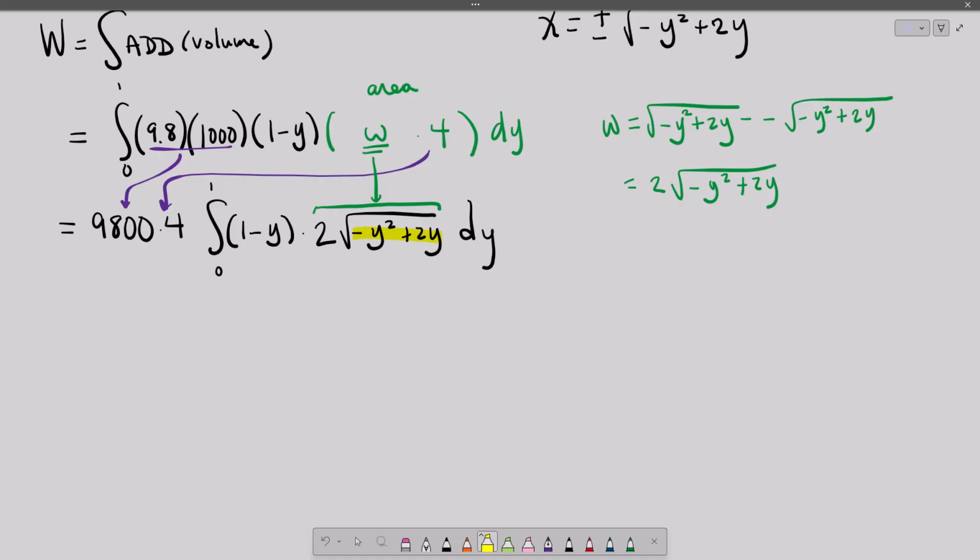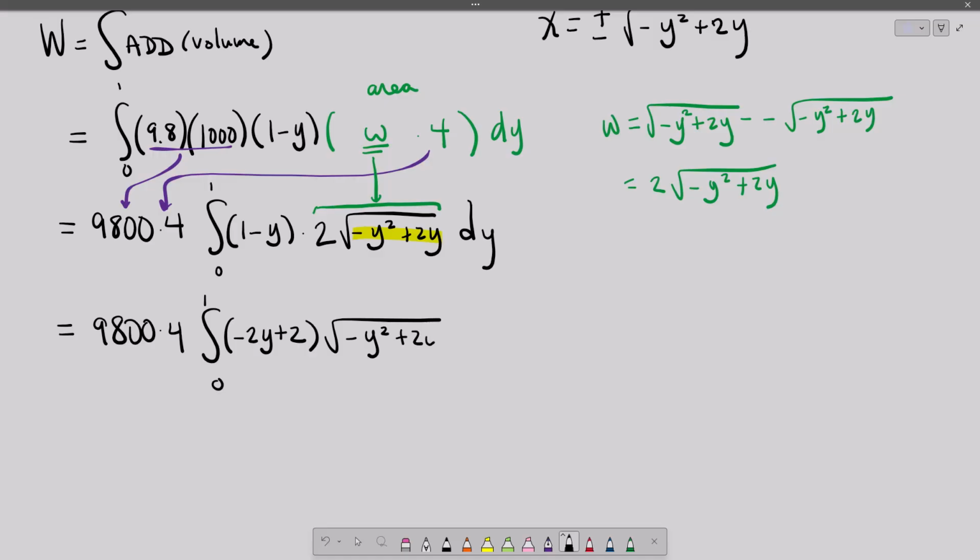Do we have a negative 2y plus 2 out in front? We can certainly make one. If we don't get frisky and take the 2 all the way to the front, if we just distribute it into here, we have 2 minus 2y, which is the same thing as minus 2y plus 2.